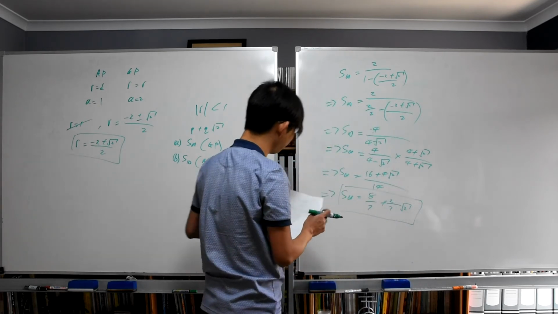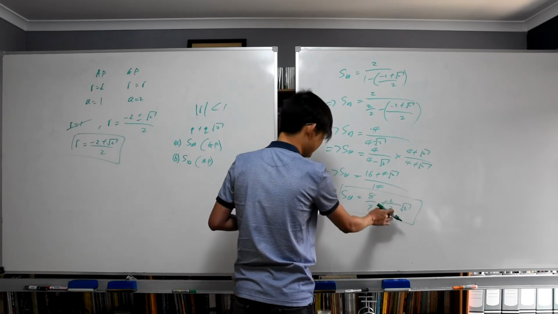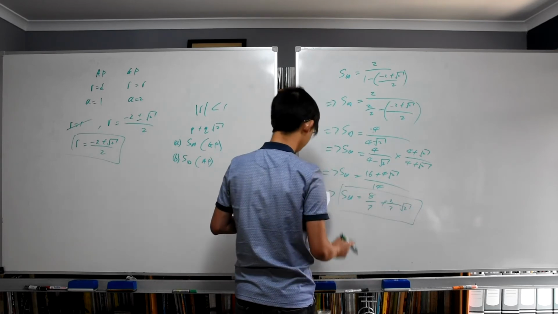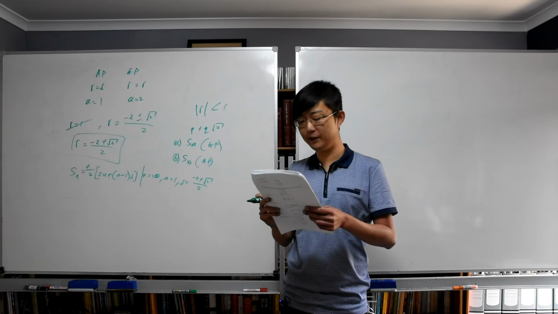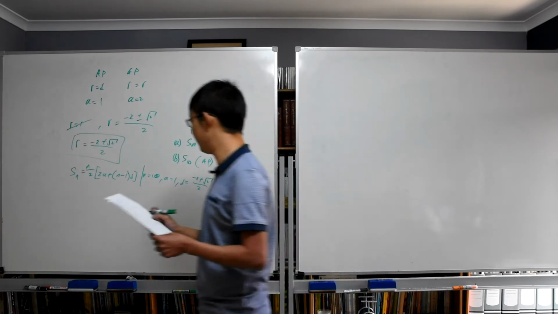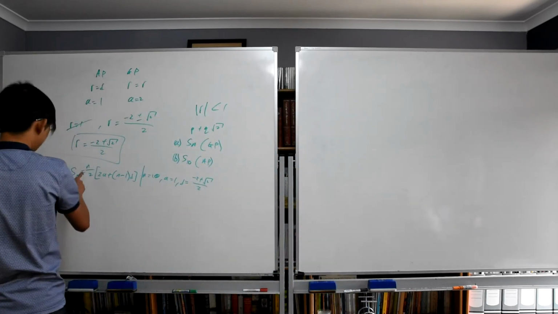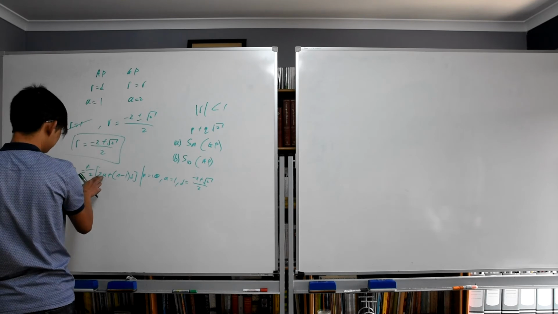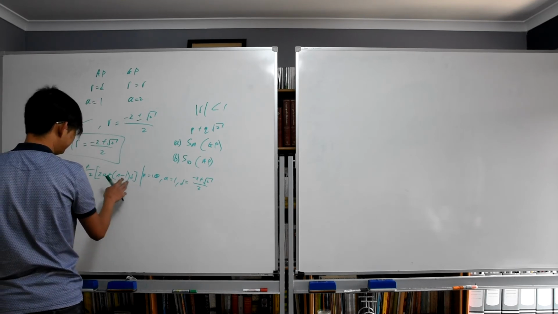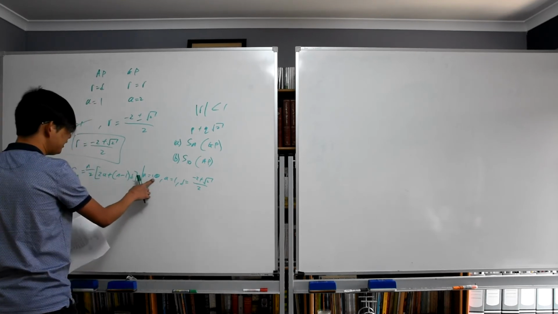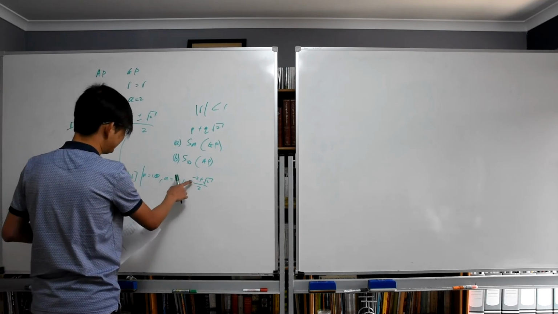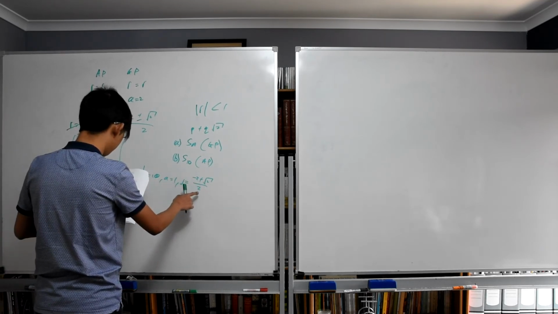Our sum to infinity is 8 on 7 plus 2 on 7 times root 2. For part B, the sum of the arithmetic series is given by n over 2 times 2a plus n minus 1 d, where n itself is 10, a is 1, and the common difference is minus 2 plus root 2 all over 2.